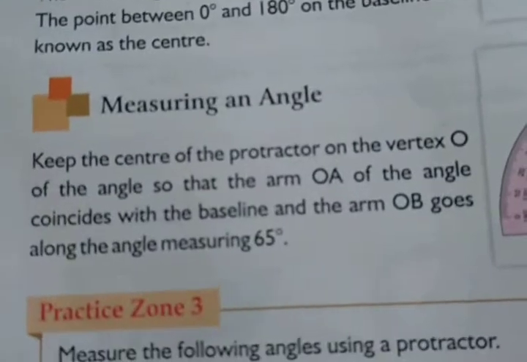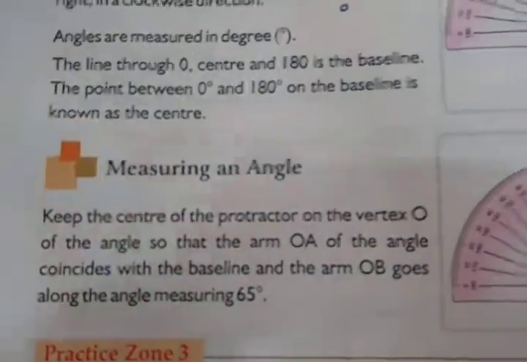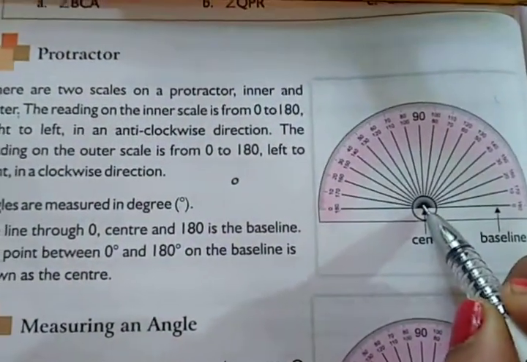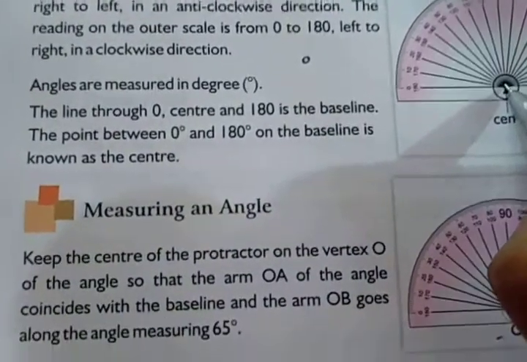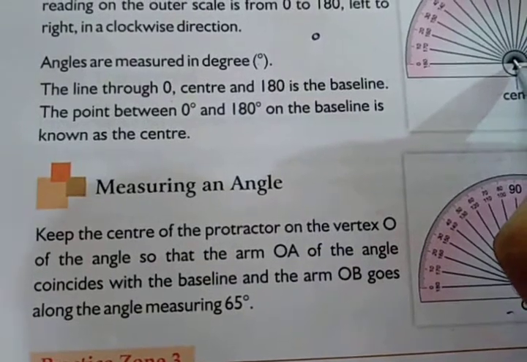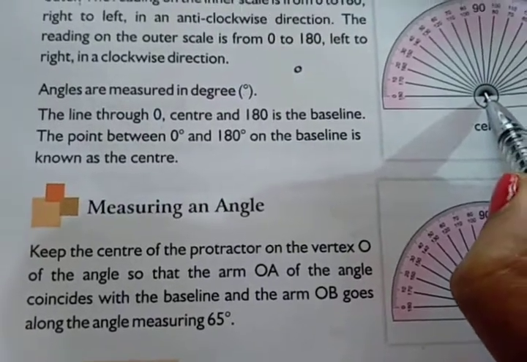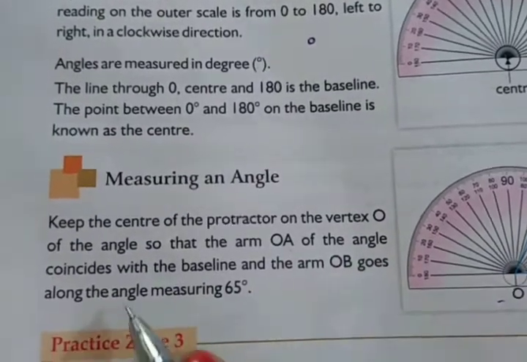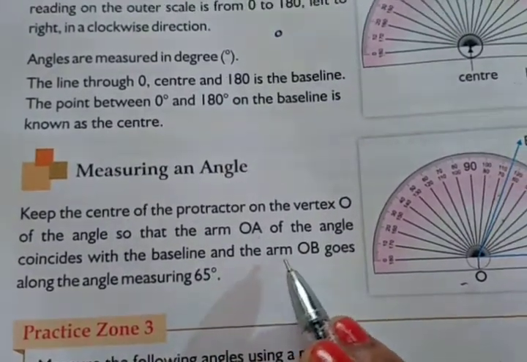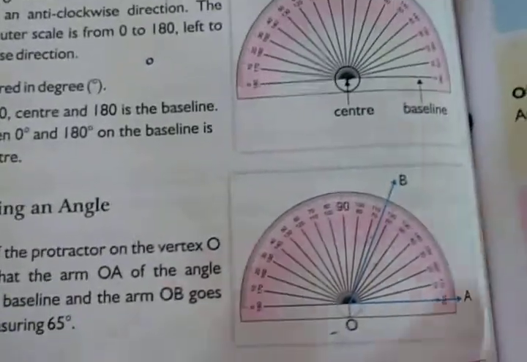Then measuring angles. To measure an angle, keep the center of the protractor on the vertex. This center of the protractor will be kept on the vertex O of the angle, so that arm OA of the angle coincides with the baseline and the arm OB goes along the angle measuring 65 degree.